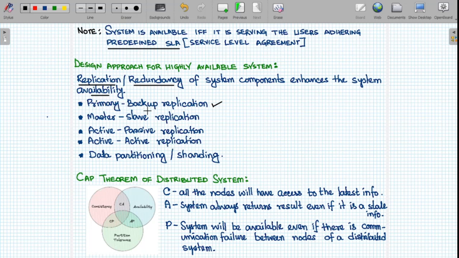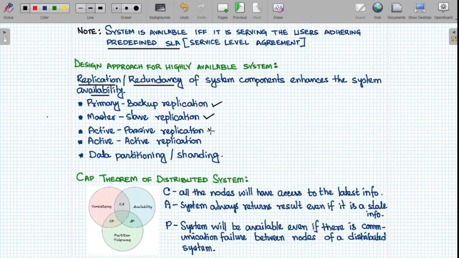Apart from primary backup, we can have master-slave replication as well, where master node will be used for both read and write operations, whereas slave node can serve the read operations. In that way, we can increase the scalability of our system as well.